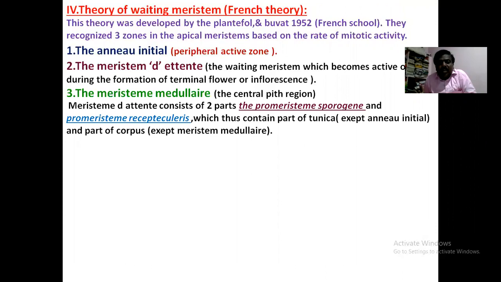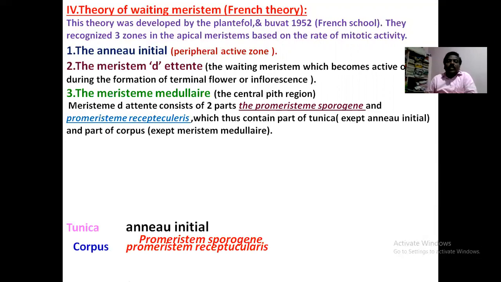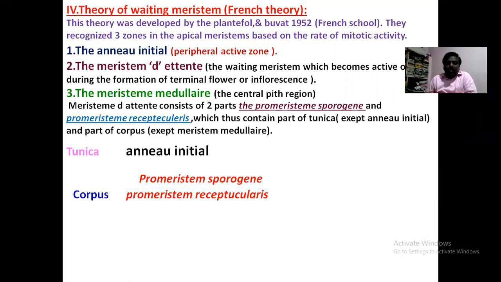The initial is called the tunica, and except for the méristème médullaire, that is called the corpus. The promeristem sporogène and promeristem receptacularis cells have the corpus. The méristème d'attente, except for this, is called the corpus.